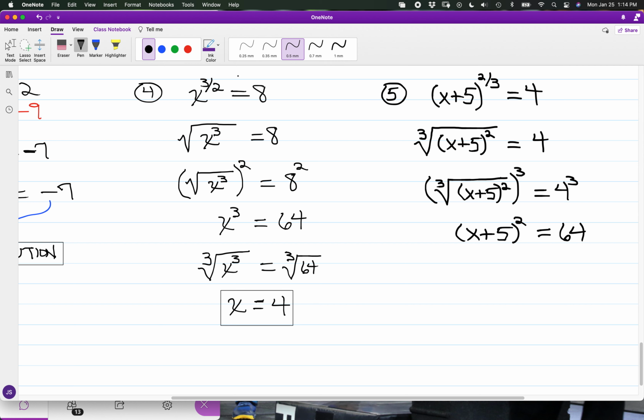Now I'm at this phase where I have an expression to an even power set equal to a constant. And if you recall the square root property of equality, say we have x squared is equal to p, x goes to plus or minus the square root of p. And so here we have x plus 5 squared.